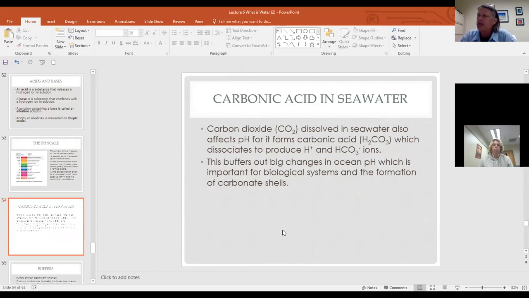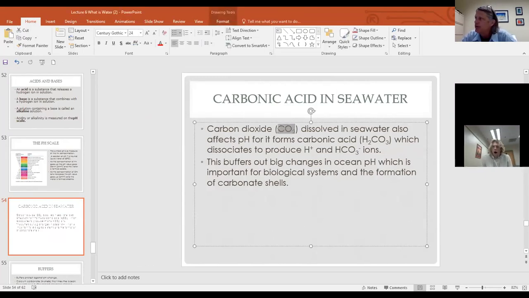We introduced that because of carbonic acid. CO2, in the atmosphere or in the ocean, reacts with water, H2O, to form an acid called carbonic acid, H2CO3. So here's your hydrogen ion that breaks off.